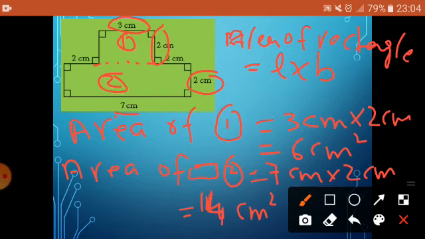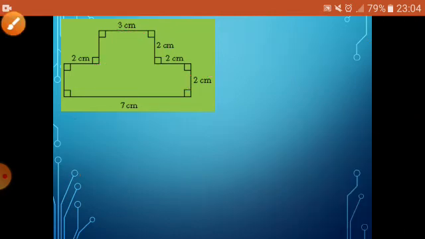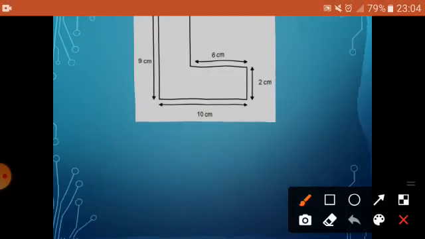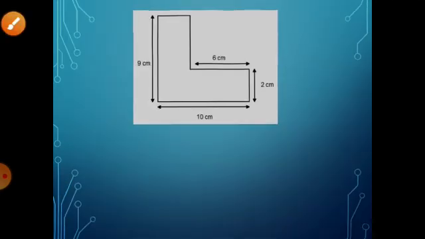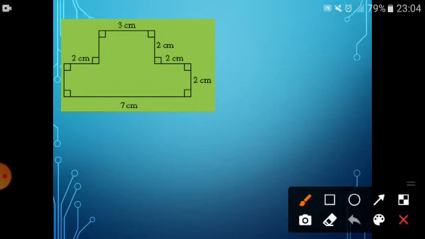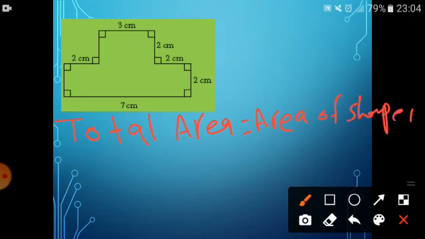So now we are about to calculate the total area of this shape. So total area is equal to area of shape 1, or rectangle 1, plus area of shape 2.